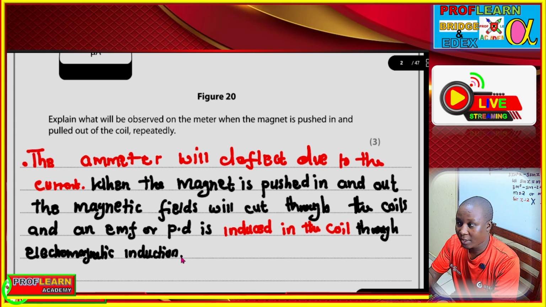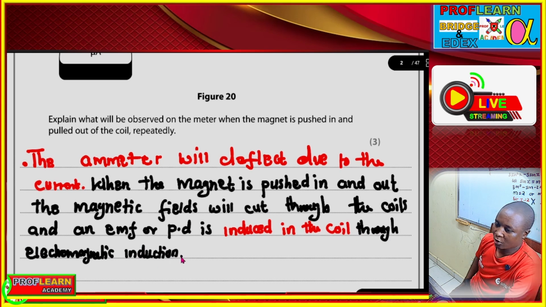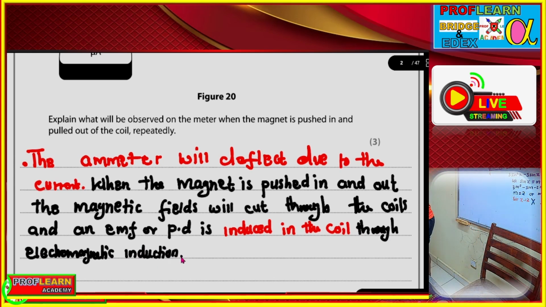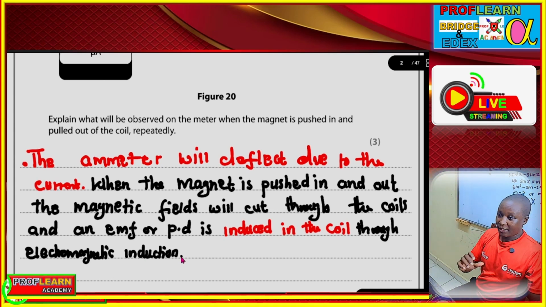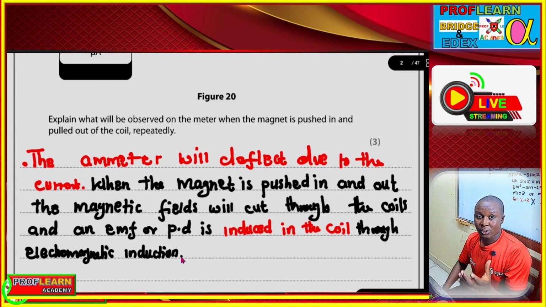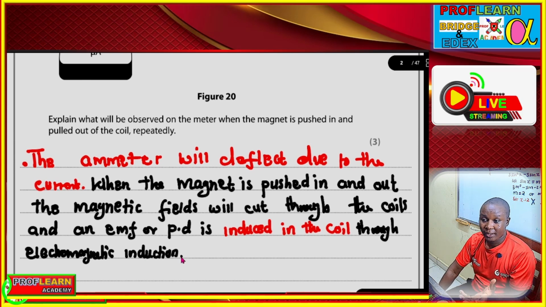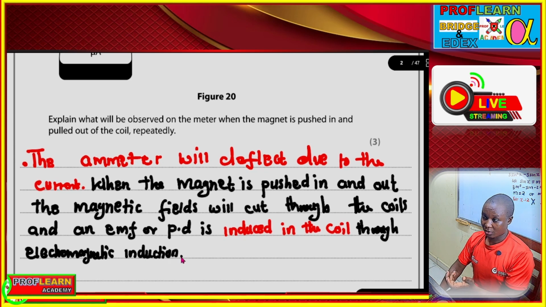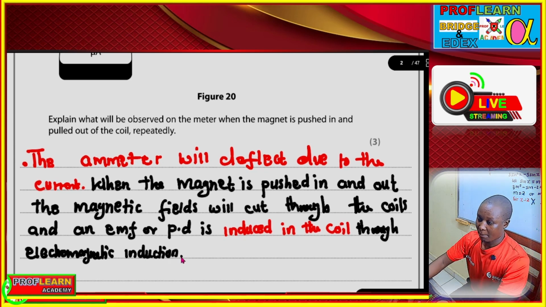So the EMF is induced through electromagnetic induction. And you also need to realize that the direction of the current induced depends on the direction in which the magnet is moving. When the magnet is moving in, the current will flow in a particular direction, and when the magnet is moving out of the coil, the current is going to flow in the opposite direction.